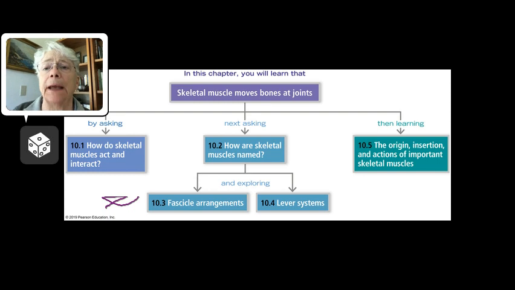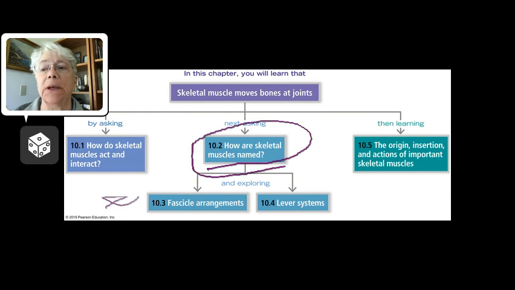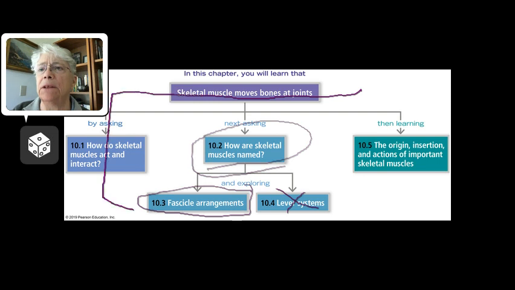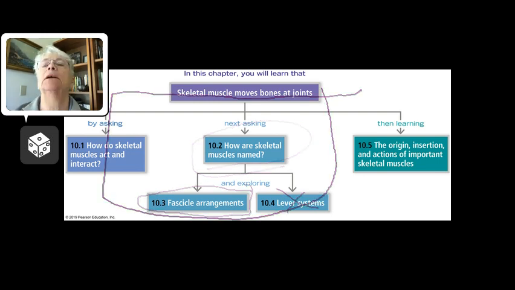First, we will look at how muscles interact with each other. Next, we'll look at how skeletal muscles are named, their fascicle arrangements. We don't get into lever systems, but this should all set you up for learning all of the muscles.